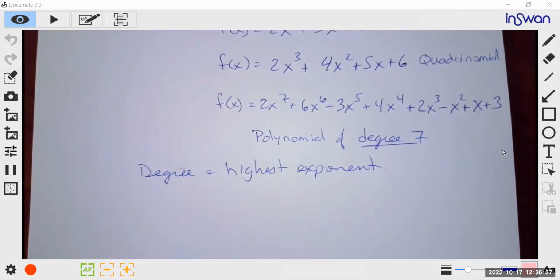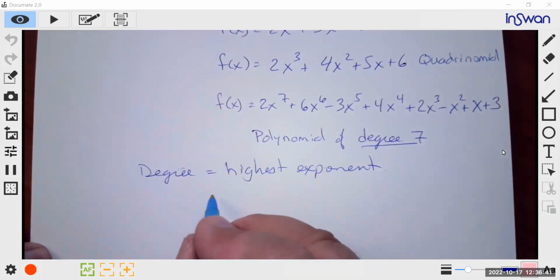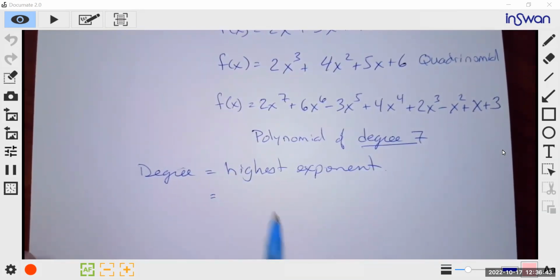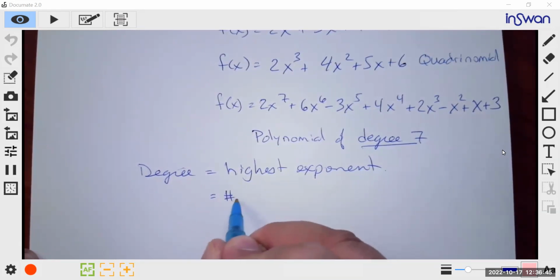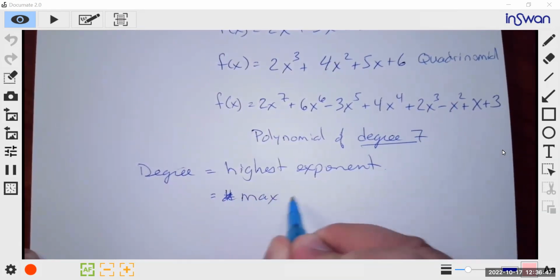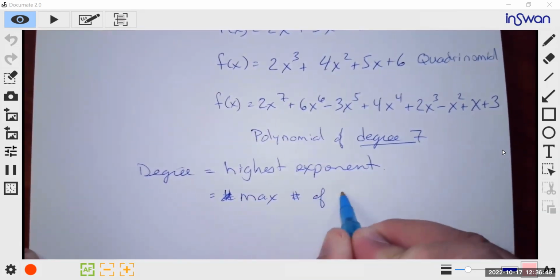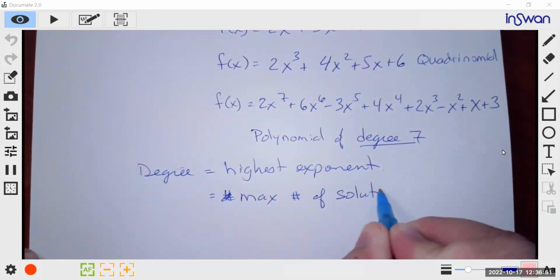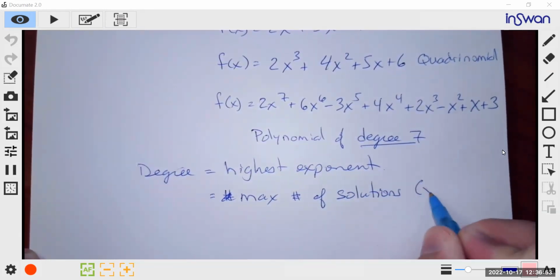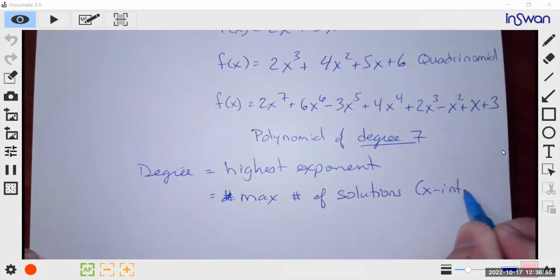We talked a little bit about this earlier in the semester. What does a degree tell us? Okay, you can determine that. The degree tells us the maximum number of solutions. Solutions are x-intercepts.